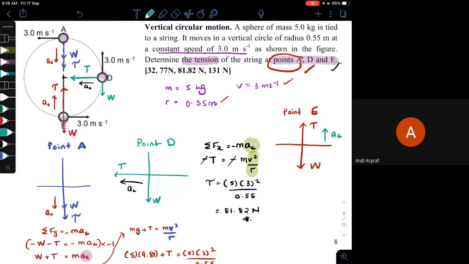Okay, so as you can see, we are going to focus on the Y component lah. So total force is equals to MAC. Okay, and then we are going to make T tu positif kan. So ni positif, yang ni negatif sebab ke bawah. Jadi T tolak W sama dengan MAC.